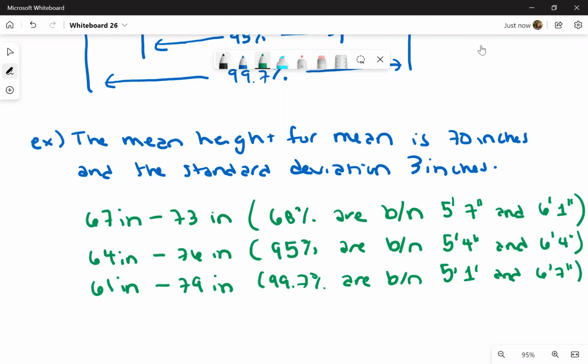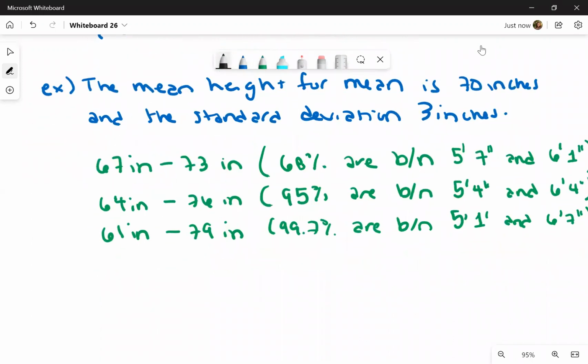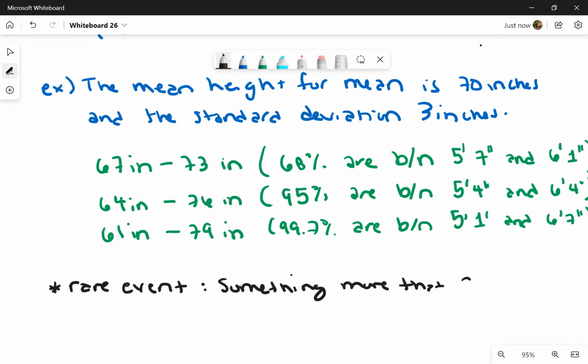And that actually means that they have a phrase they use for a rare event. A rare event. They define it later, but I feel like it's a good place to define it. A rare event means something that is more than 2 standard deviations away from the mean.